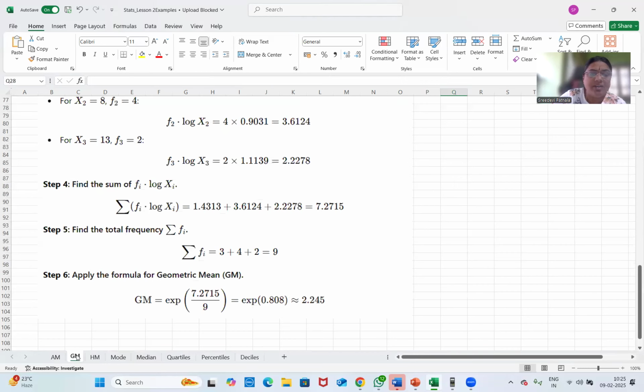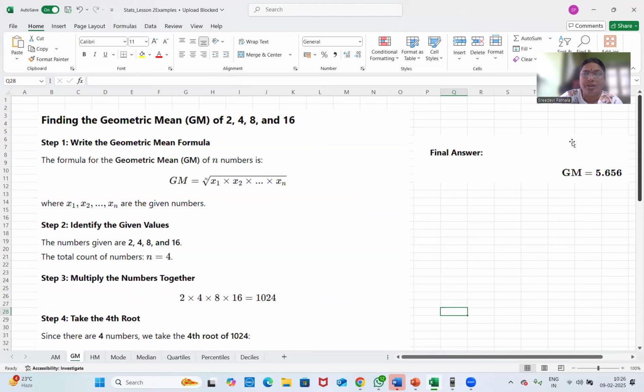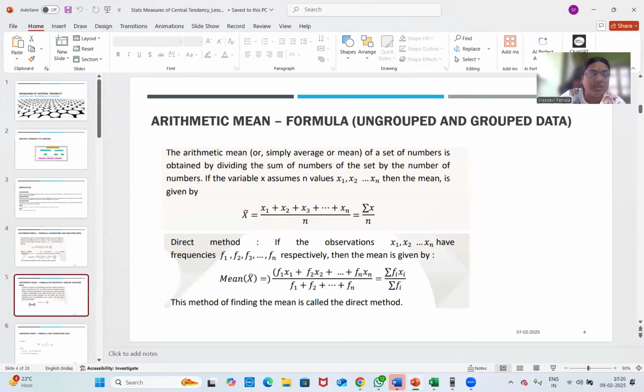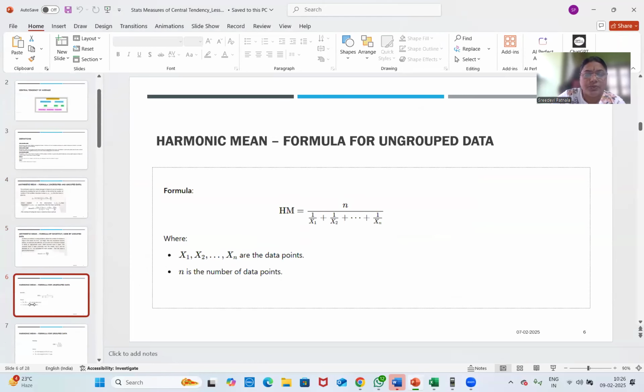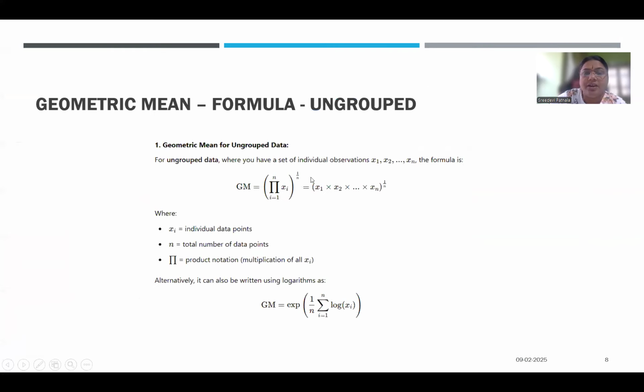Next comes the geometric mean. So what is the geometric mean formula for ungrouped data and grouped data? The formula for the geometric mean for ungrouped data is nothing but the root of the product of all the numbers, meaning to the power of 1 by n.